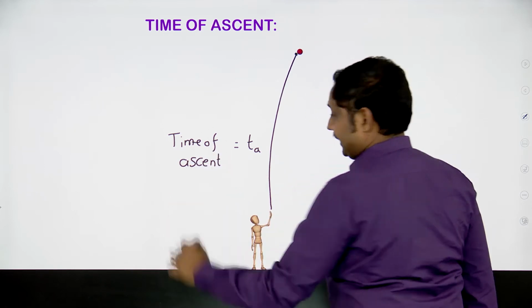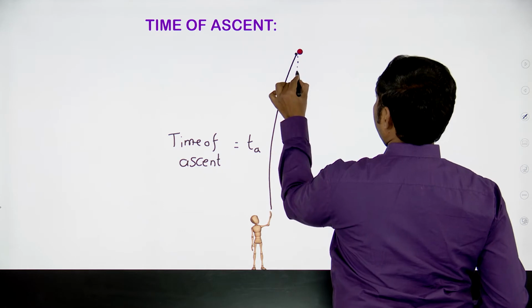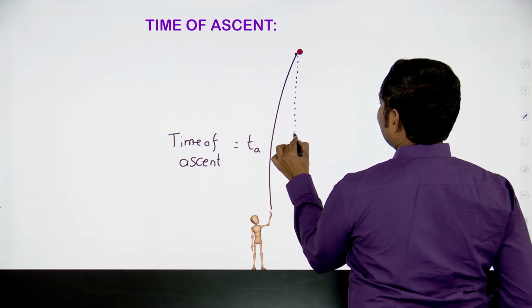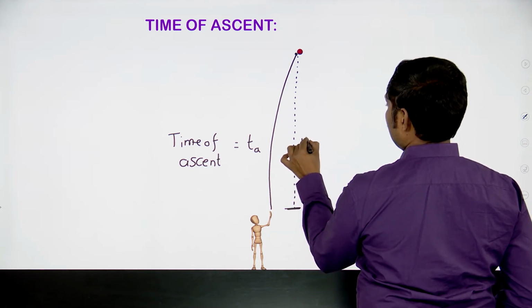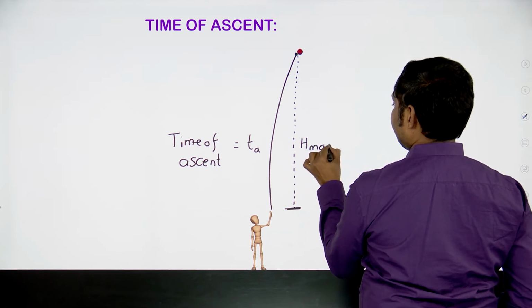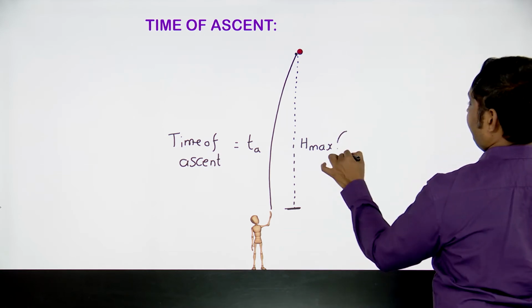It's very clear. Time taken by the body to reach that point, this is going to be the H maximum, or maximum height.